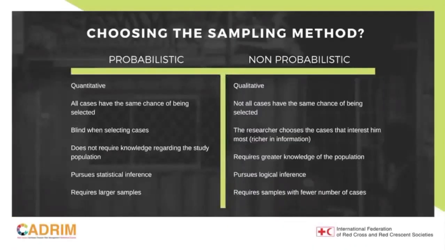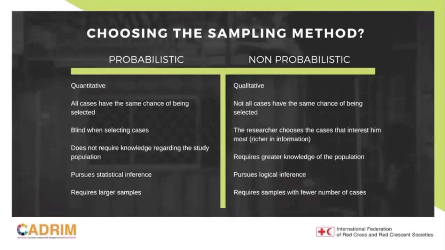When you are choosing your sampling method, you need to determine if it is going to be a probabilistic sampling method or a non-probabilistic sampling method. It's especially important to define what kind of survey you are going to select in the community. If you are thinking about an interview with key persons in the communities, you're probably talking about a non-probabilistic sampling method.